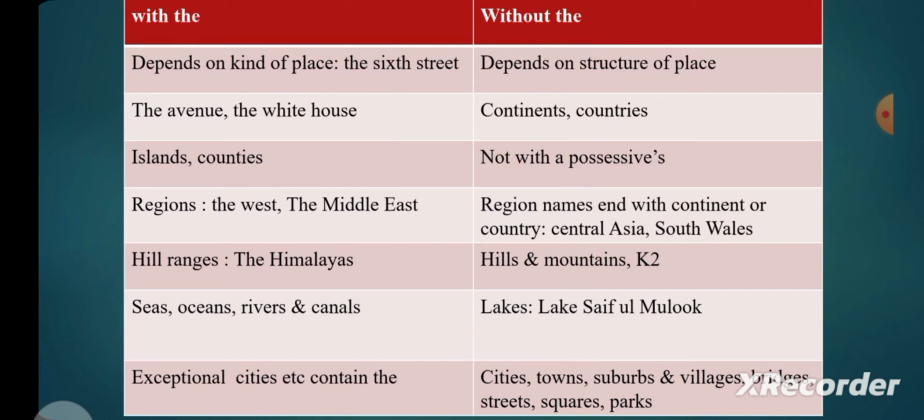First, I can give you the examples of the words which are used without the. For example, Africa. We are traveling from Africa to Sussex. Then regions, the Central Asia, the South Wales.